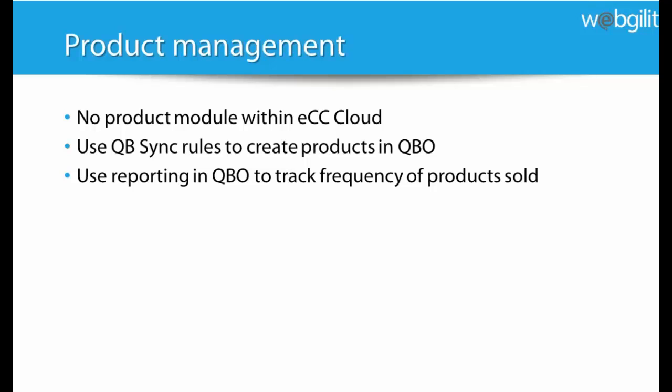I do want to touch a little bit on what product management is in eCC Cloud and QuickBooks Online. When I said inventory management is all about quantity management, but since that is a limitation within QuickBooks Online at this time, what are the things we can do to at least give you some insight as to how many products you're selling?